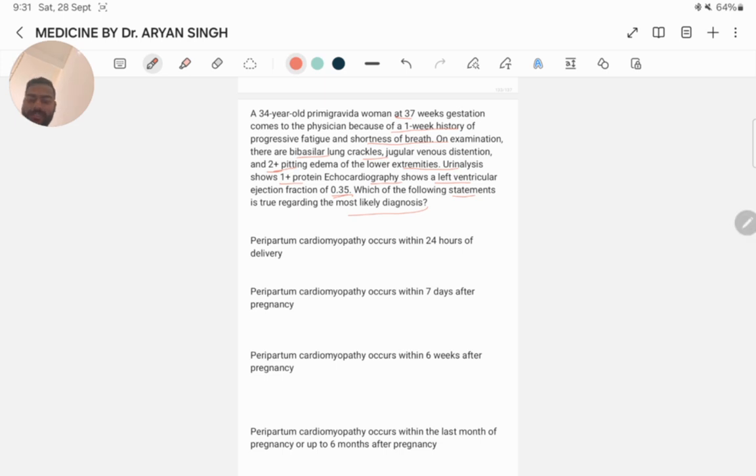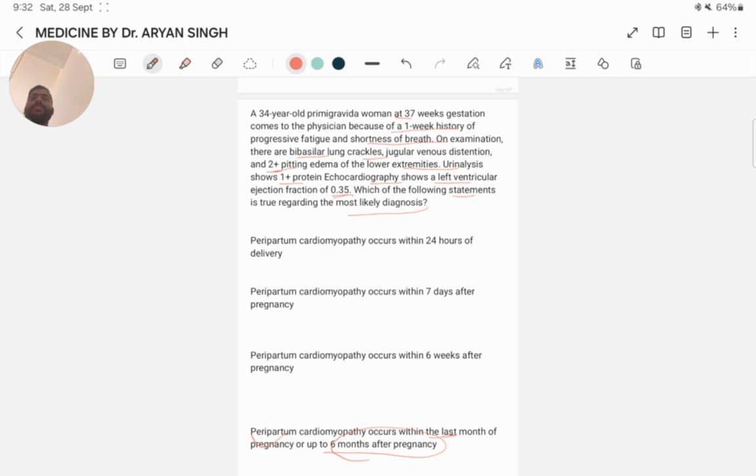The most likely diagnosis is peripartum cardiomyopathy, which occurs within the last month of pregnancy or up to 6 months after pregnancy. Peripartum cardiomyopathy is characterized by the development of idiopathic heart failure with reduced ejection fraction, HFrEF, months after or before birth.